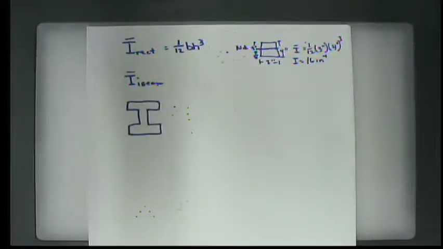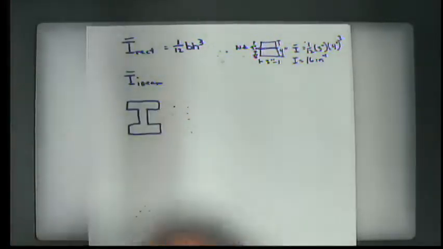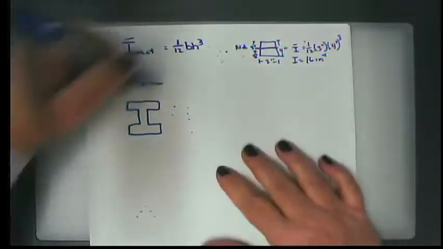So what we're going to talk about then, when we talk about the I of an I-beam, the first thing is we're only going to talk about symmetric, so that the neutral axis is in the middle.